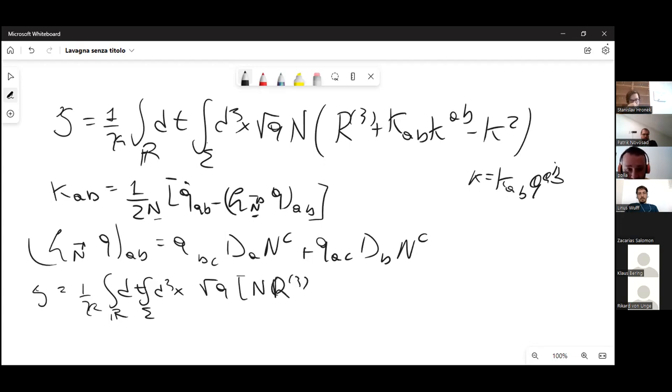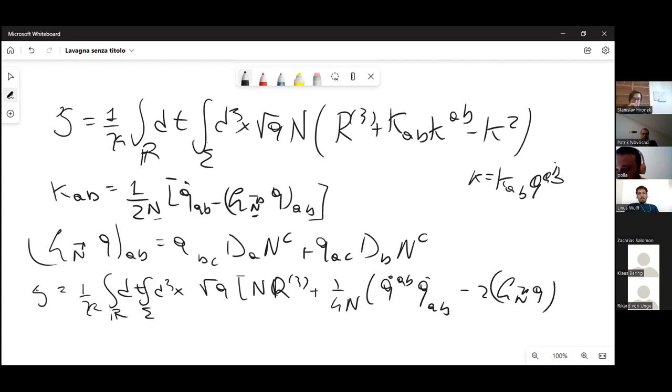All right, this R3 is the Ricci curvature on sigma, sorry, Ricci scalar. 1/4n, and we have all the terms here, Q prime AB, minus 2, all this term here, and this of course involves the shift vector, Q prime AB plus, and so on and so on, okay? So now it's not important what is written in here.